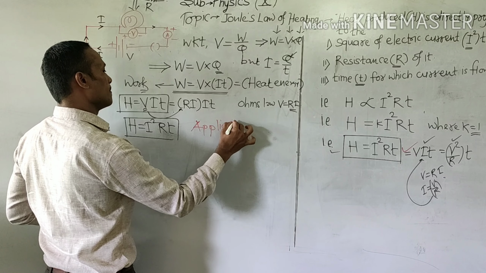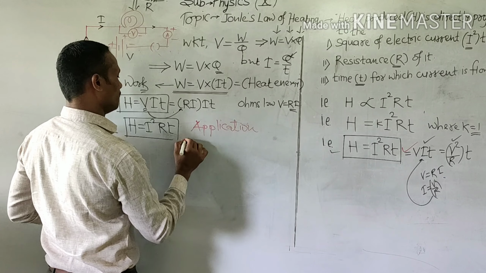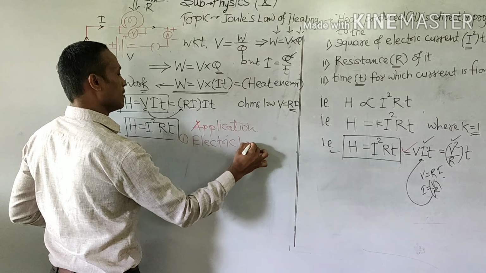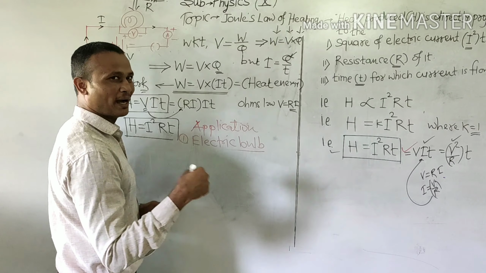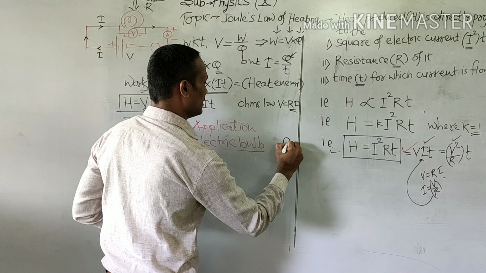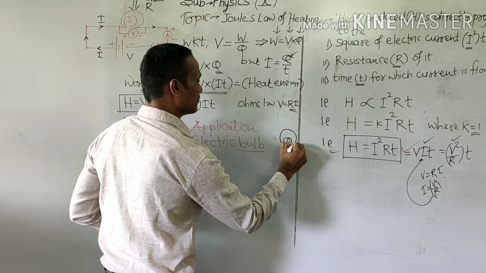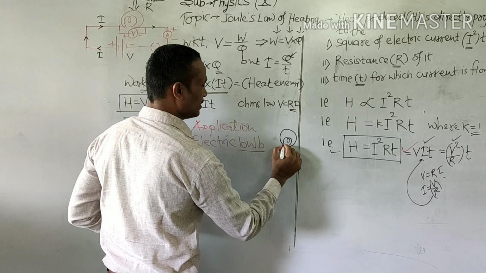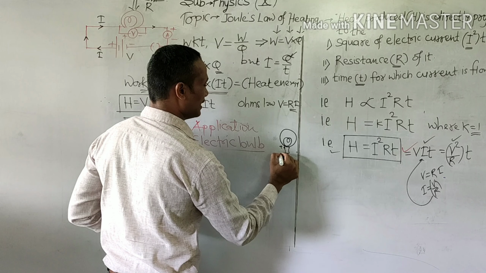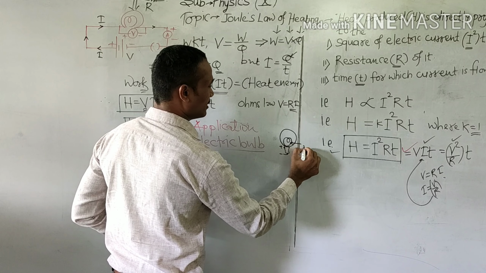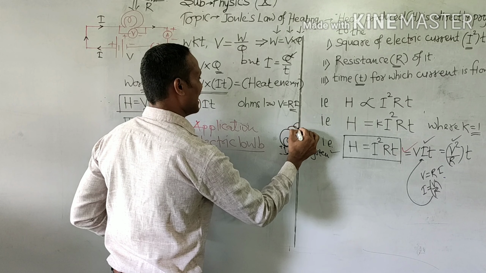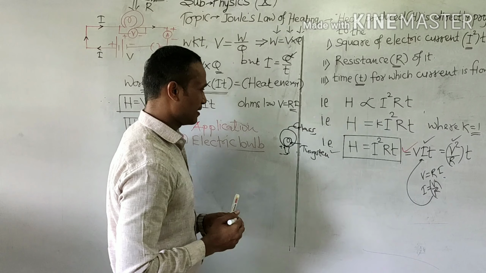Applications. First, electric bulb. If you might have seen an electric bulb, it looks like this. We have a filament inside, and that filament is covered by a glass envelope, and then we have two terminals, one positive and another negative. This is the tungsten, and this is the glass. Now see what happens.